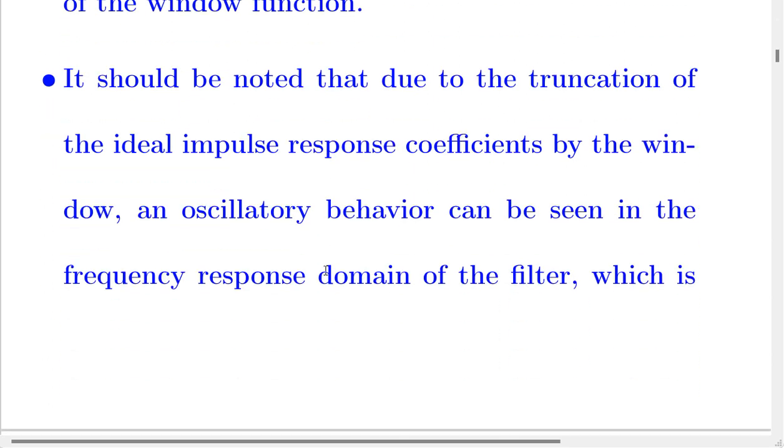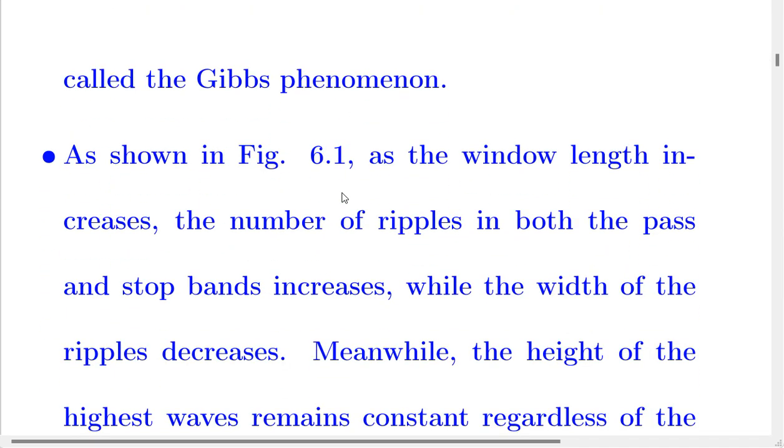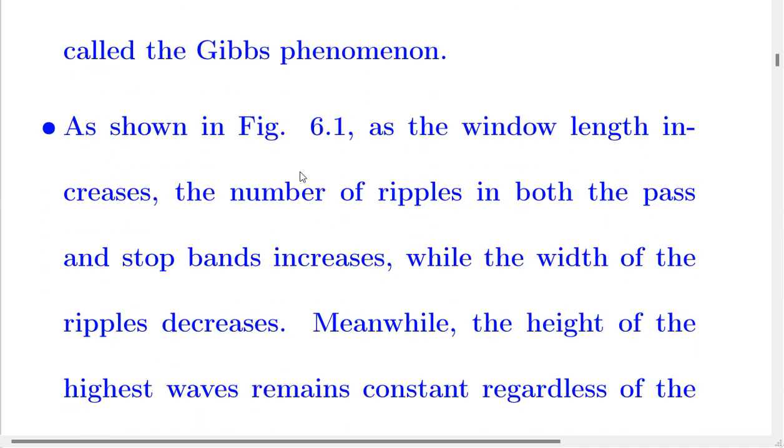It should be noted that due to the truncation of the ideal impulse response coefficients by the window, an oscillatory behavior can be seen in the frequency response of the filter, which is called the Gibbs phenomenon. As shown in figure 6.1, as the window length increases, the number of ripples in both the pass and stop bands increases, while the width of the ripples decreases.